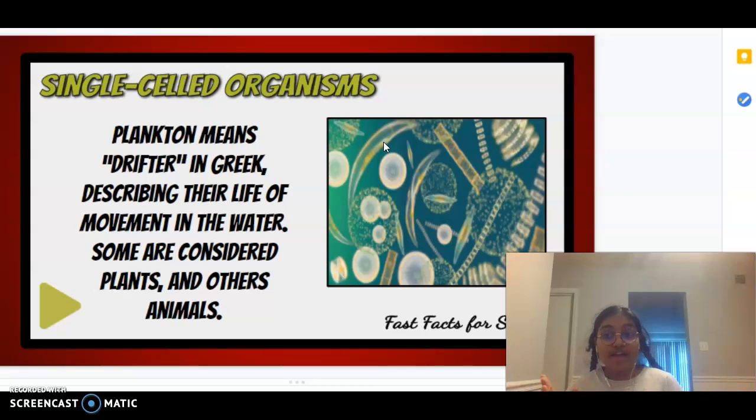Now, fun fact, the reason why planktons are called drifters is because they literally drift. They literally float around everywhere. They can be very tiny, so tiny that we cannot even see them.